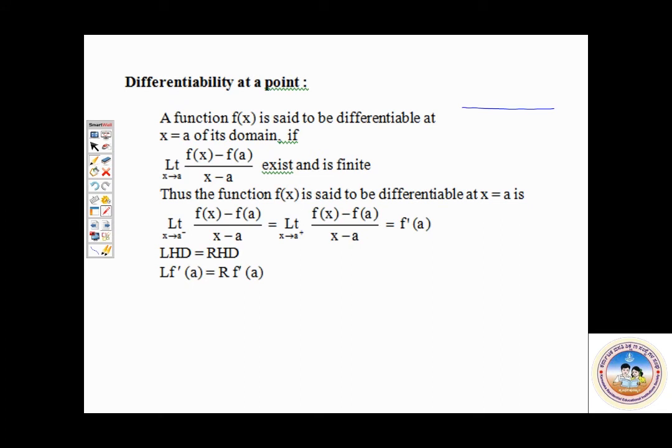Now on differentiability, this is the formula. The function f of x is said to be differentiable if the limit of f of x minus f of a by x minus a as x tends to a exists and it must be finite. The limit exists when both the left hand limit and right hand limit exist.